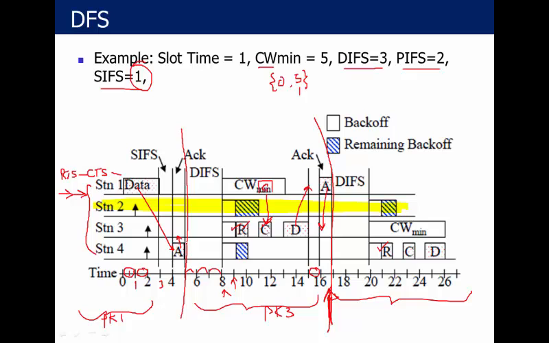So I want to access. Then along with the random number generation here, 1 is picked up, and all others now back up.